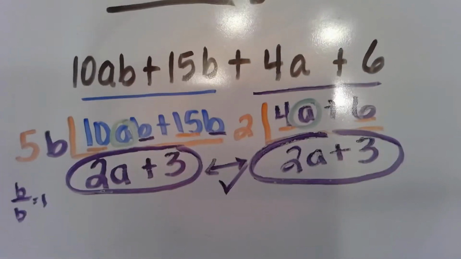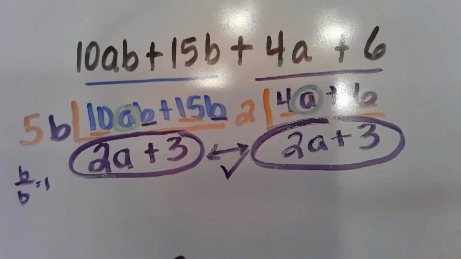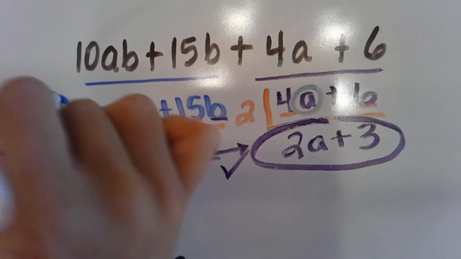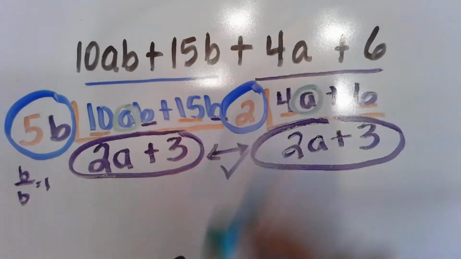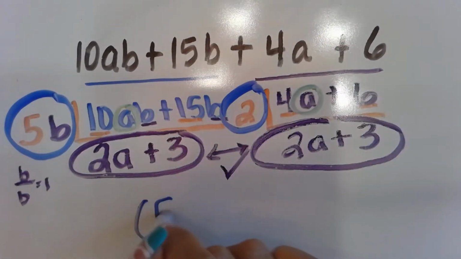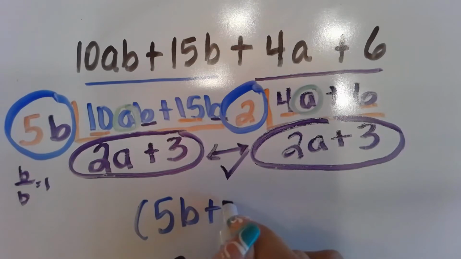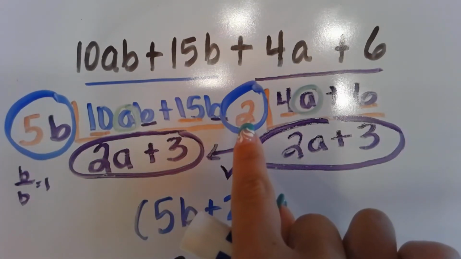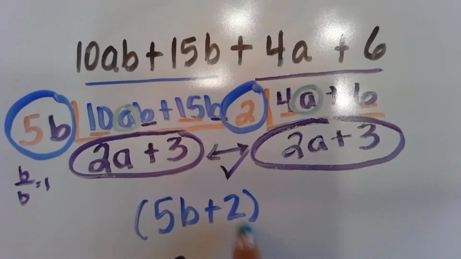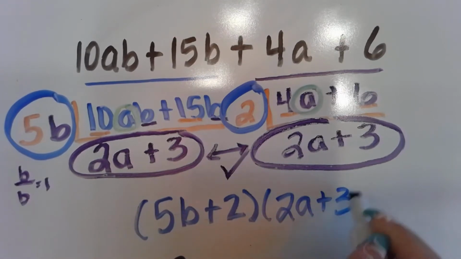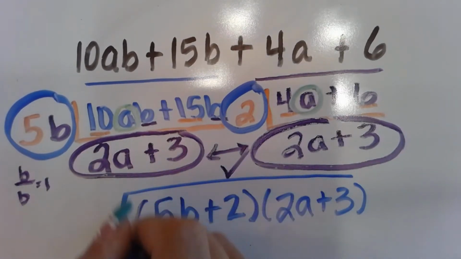When we write our final answer, we are going to be combining this piece here and this piece here. So in parentheses, we're going to write 5b plus 2. So 5b, and then we pull out a positive 2, plus 2. And here, because they're the same, we only write it once, times 2a plus 3. And that's your answer.